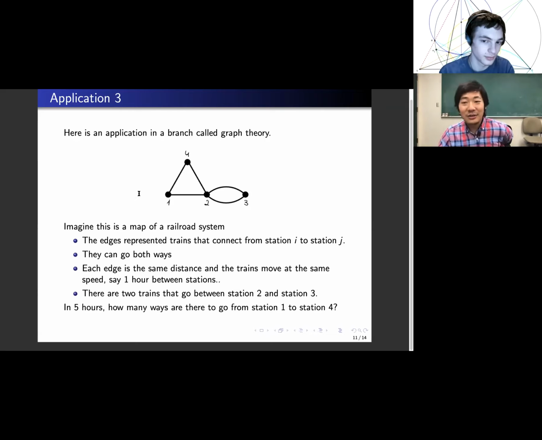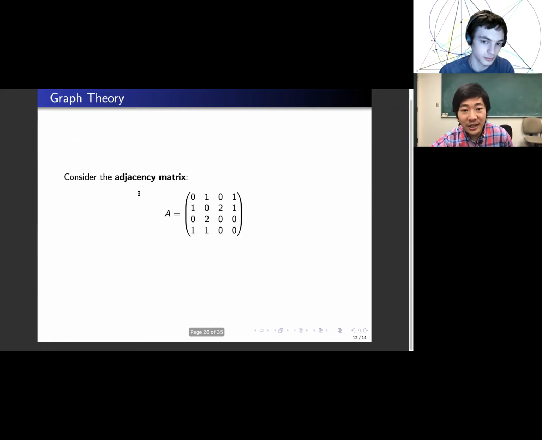Well, you can use matrices. I mean, you can use systems of linear equations to actually compute this. So what you have is something called the adjacency matrix of a graph. So how do you compute this?